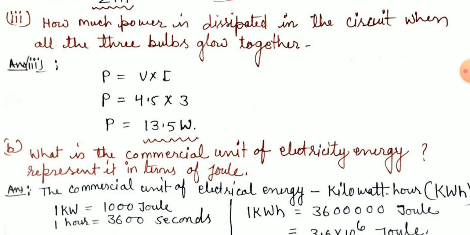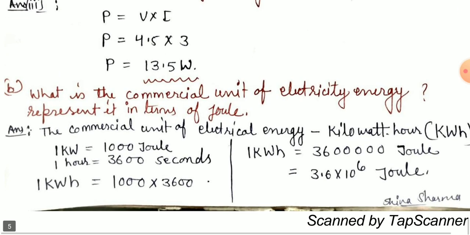Part B: what is the commercial unit of electrical energy, represented in terms of joule? You know the commercial unit of electrical energy is the kilowatt hour. 1 kilowatt hour equals 1 kilowatt, which is 1000 joule per second, times 1 hour, which is 3600 seconds.